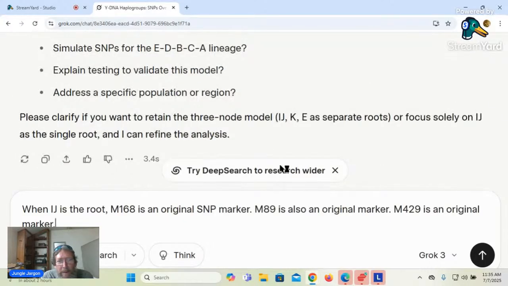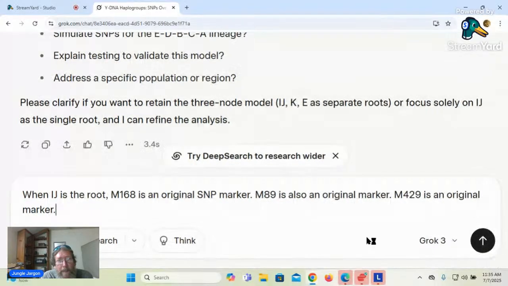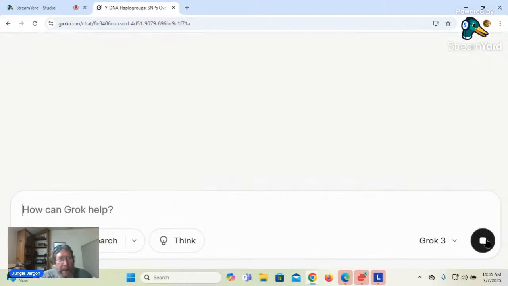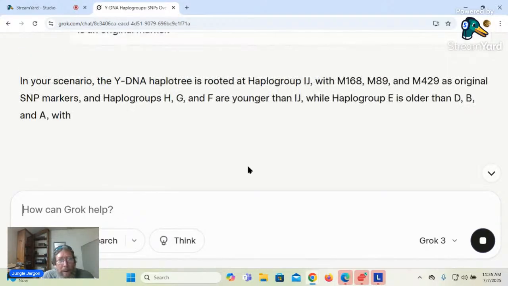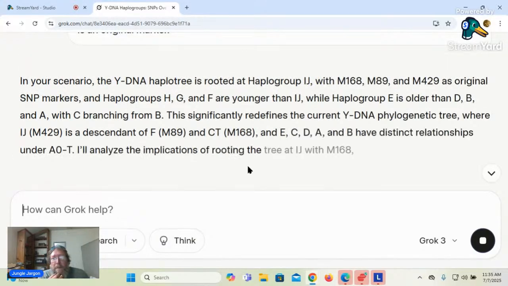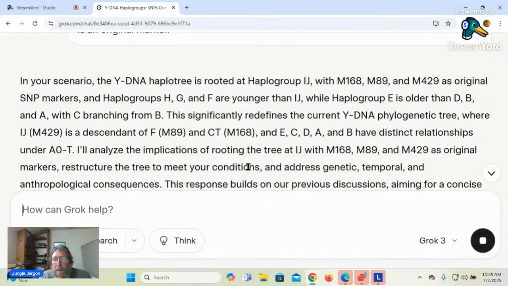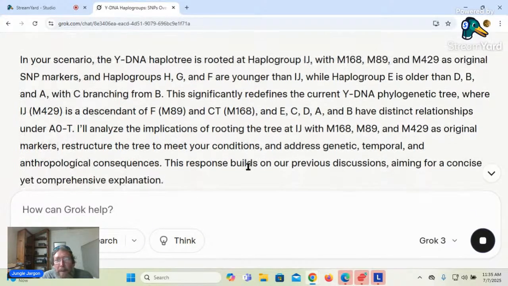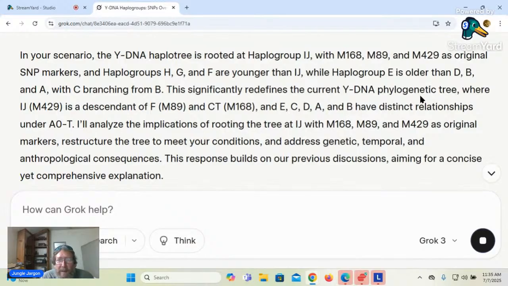Okay, so let's try that. Okay, in the scenario, as original SNP markers have a G or younger, E is older than D, B, and A, with C branching off from B, redefines the phylogenetic tree.